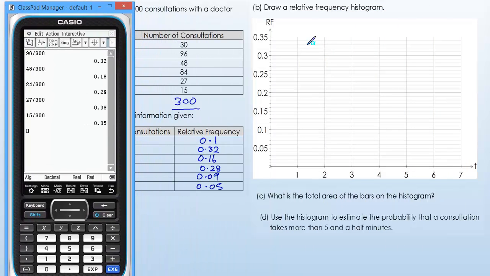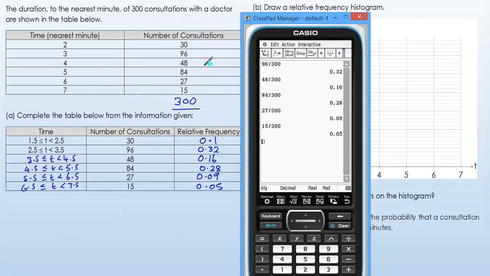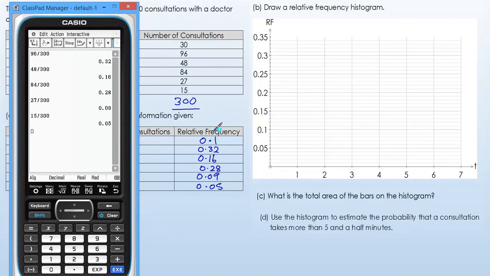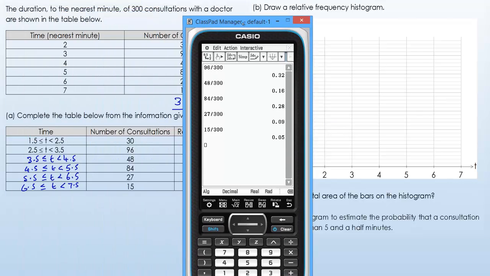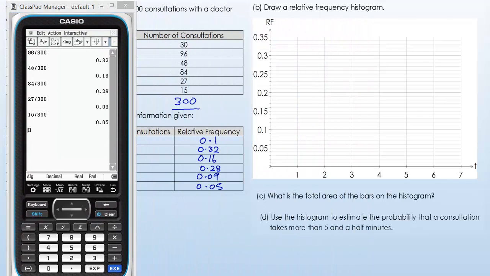We now want to draw a relative frequency histogram. So if we look at it, our first one goes from 1.5 to 2.5. And the height is 0.1. So 1.5 to 2.5 with a height of 0.1.